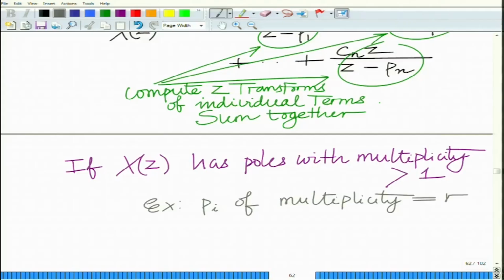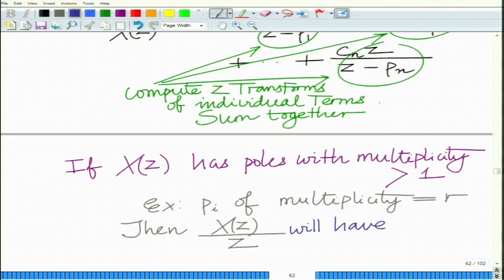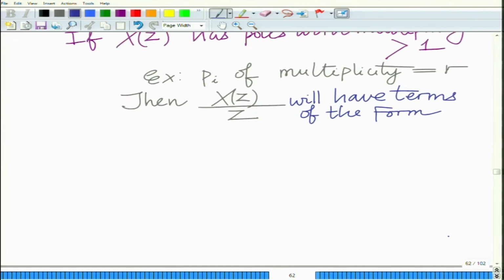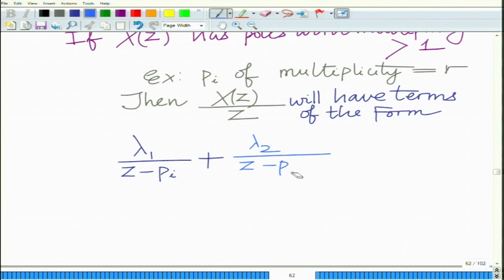In that scenario, if pole pi has multiplicity r, then X(z) over z will have terms of the form lambda 1 over (z minus pi), lambda 2 over (z minus pi) squared, up to lambda r over (z minus pi) raised to the power of r.